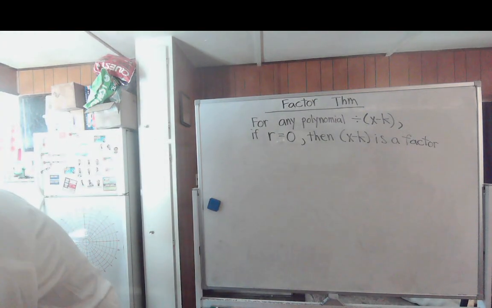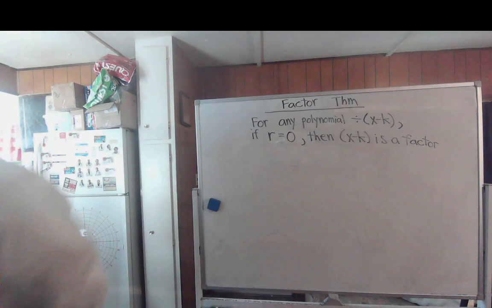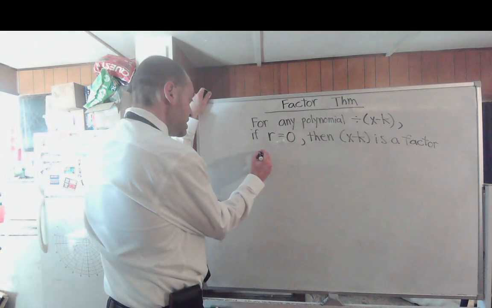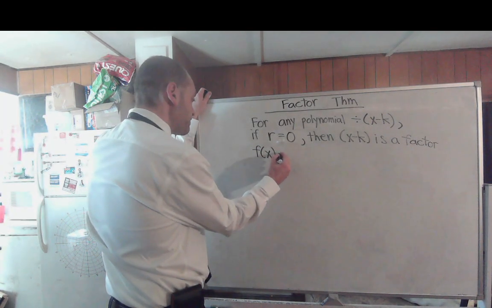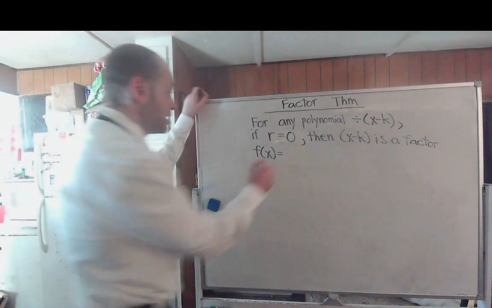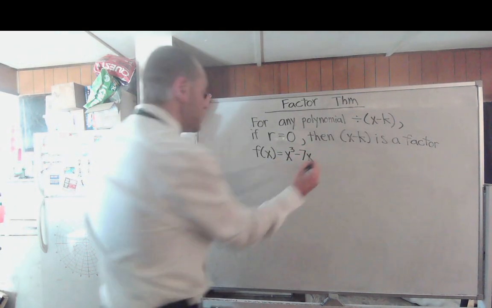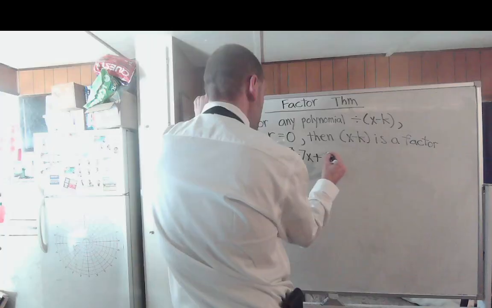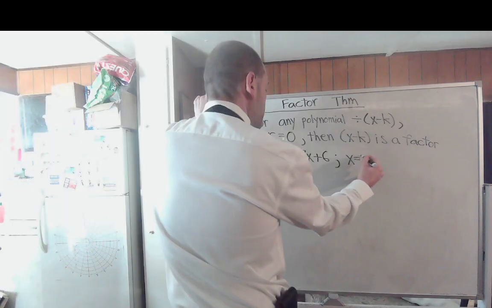So let's do that here. So we have, let's see, f of x equals x cubed minus 7x plus 6 for a value of x equals 2.